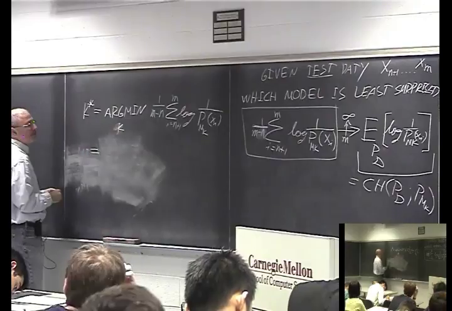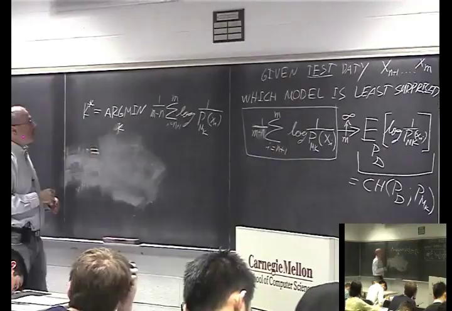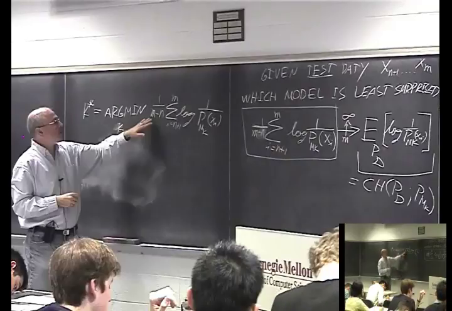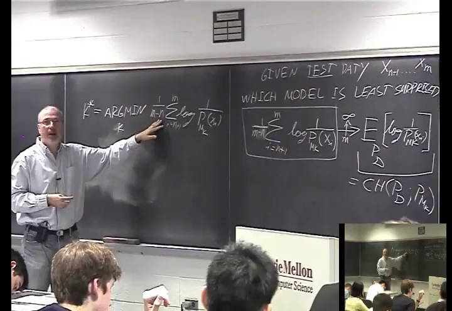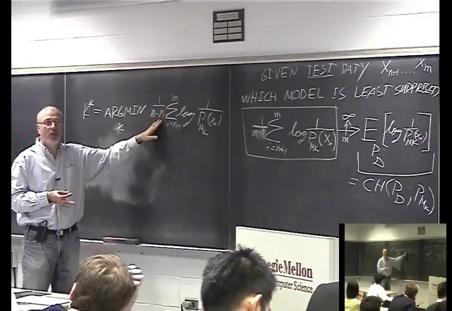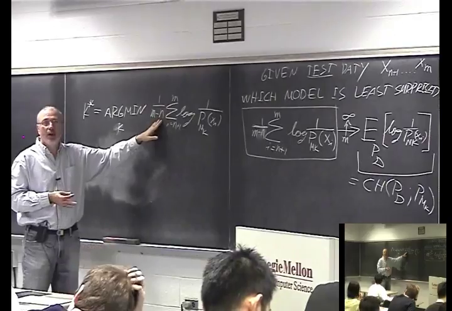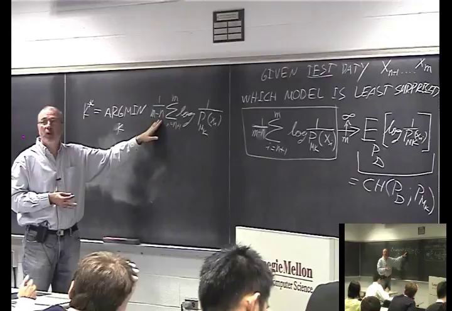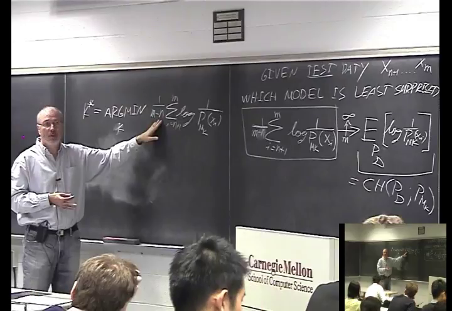This would be the same as, first of all, I want to note that 1 over m minus n is some fixed number. Small number, smaller than 1, but it's a fixed real number. It doesn't change the result of who achieves the minimum value.